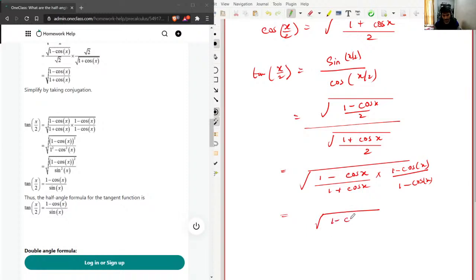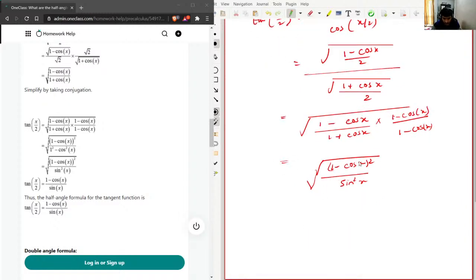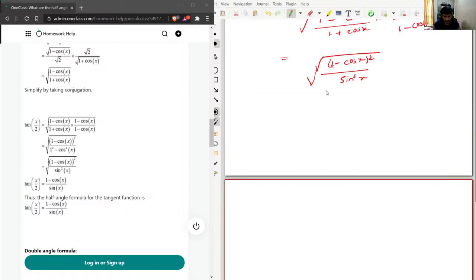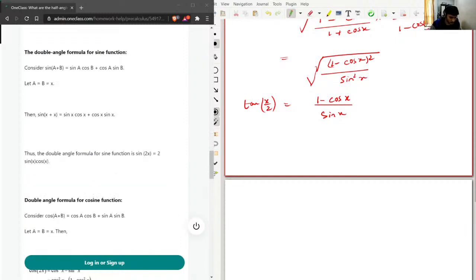The numerator will be 1 minus cosine x whole square over sine square x. This is operated on both of them. And finally, taking the square root, this will become 1 minus cosine x over sine x. So I guess finally we have done this one.